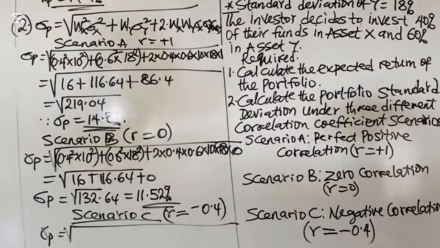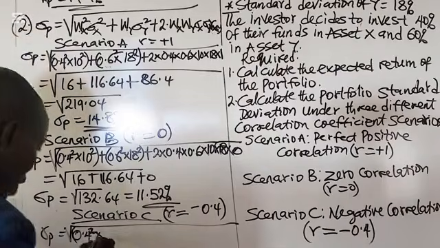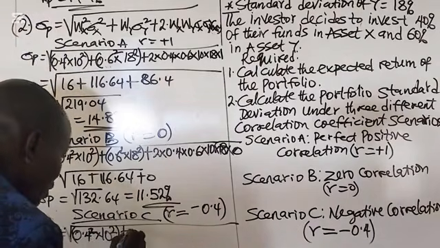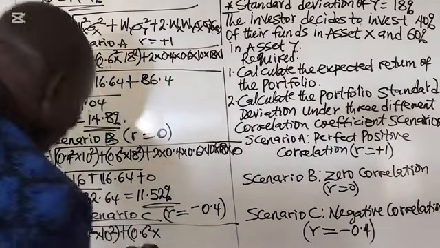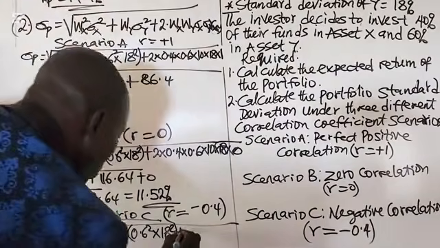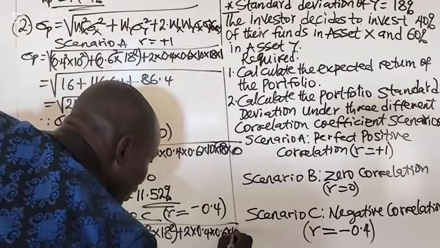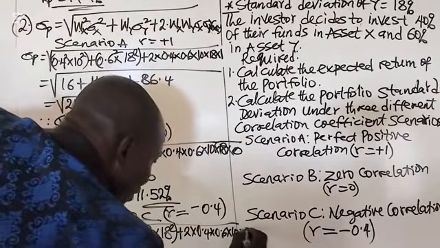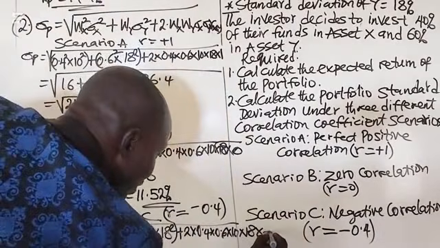As before, we have 0.4 squared times the standard deviation squared, which is 10 squared, plus 0.6 squared multiplied by the standard deviation squared, which is 18 squared, plus 2 times 0.4 times 0.6 times the standard deviation, which is 10, times the second standard deviation, which is 18, times the correlation coefficient between the two securities, which is minus 0.4.